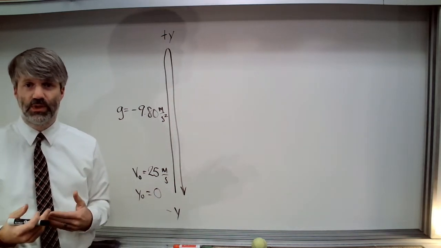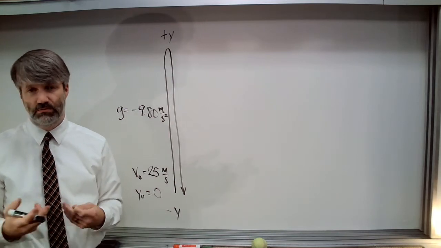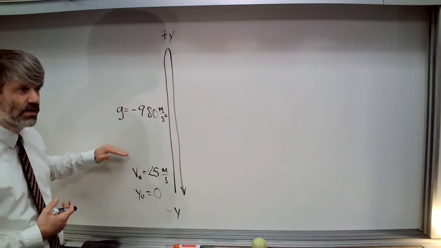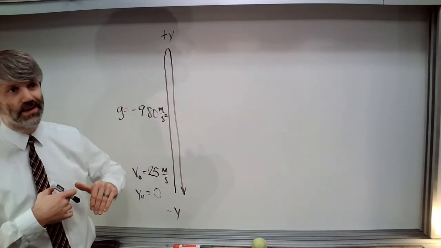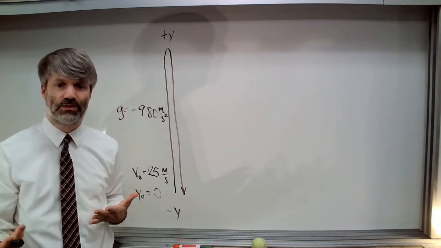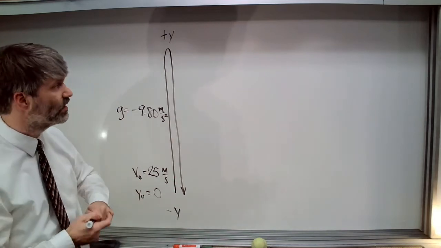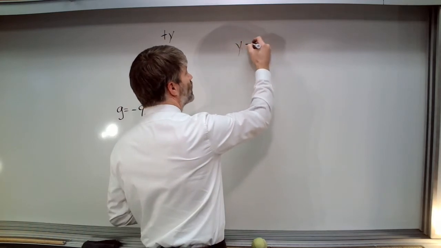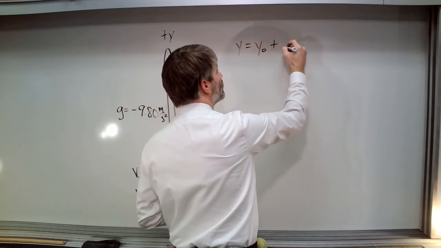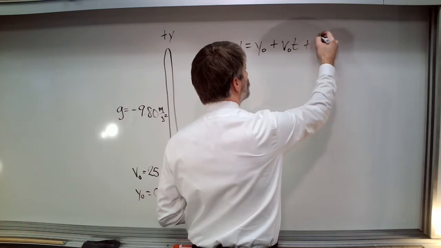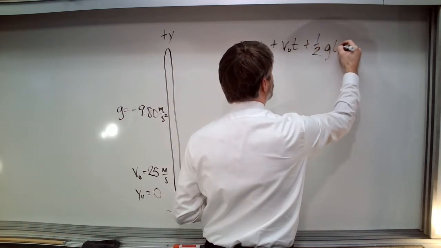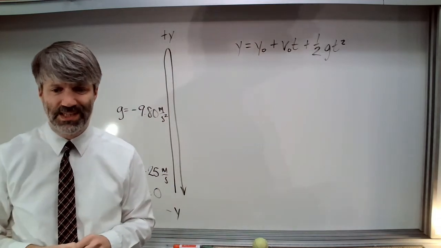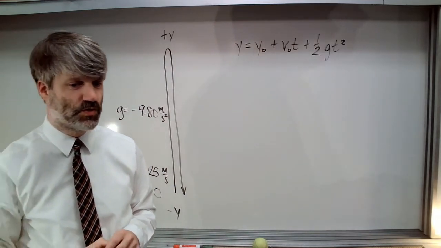At this point, what we really need to do is find out if there is an equation that has y naught, v naught, g, and a final position. We can see that fairly easily. It's going to be y is equal to y naught plus v naught t plus 1/2 g t squared.